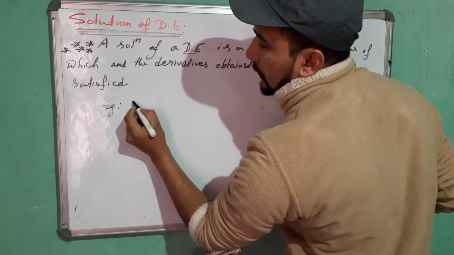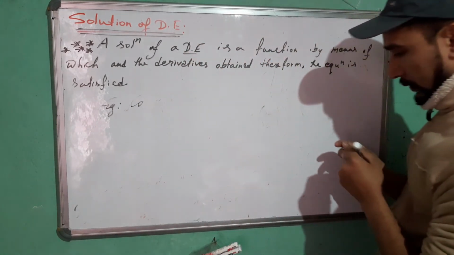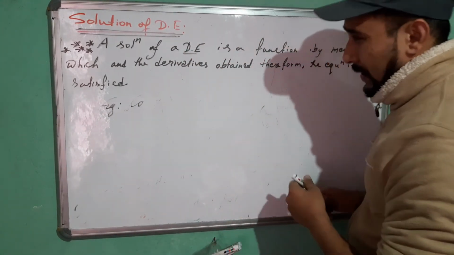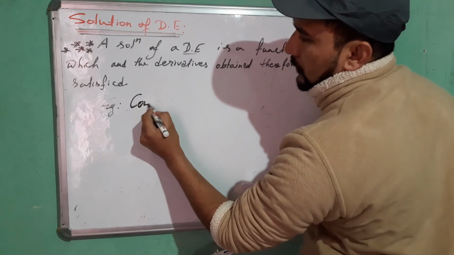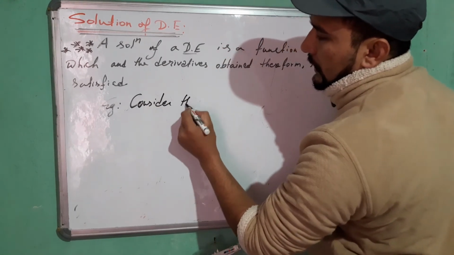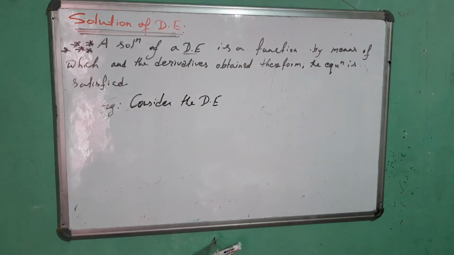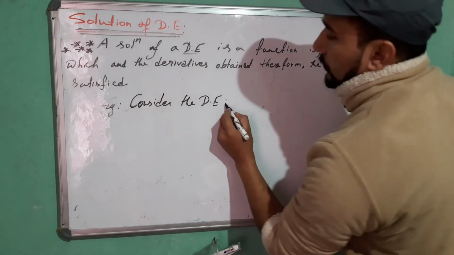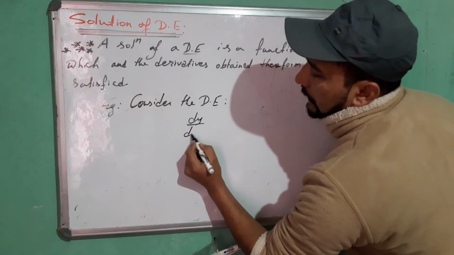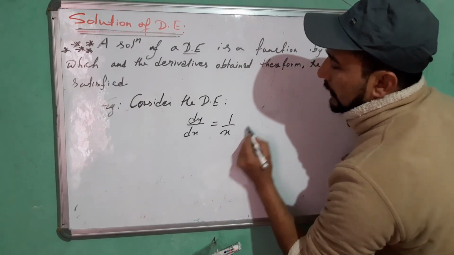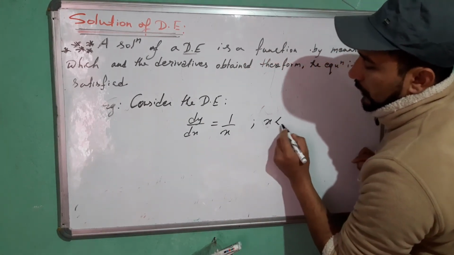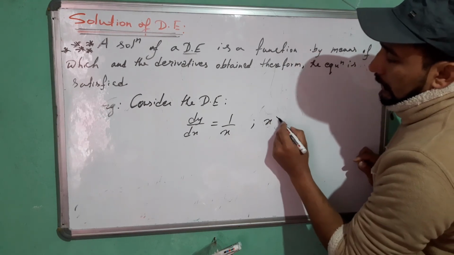Example: consider the differential equation dy/dx equals 1 by x, where x is greater than 0.